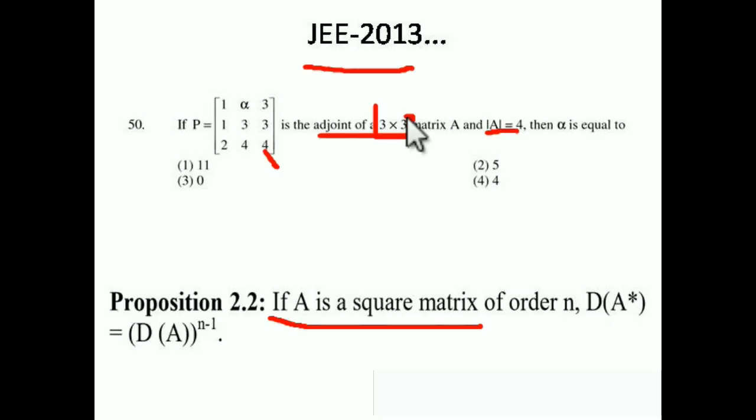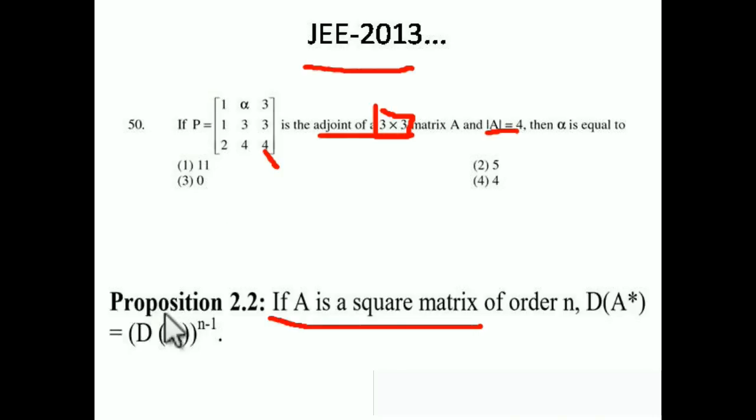So 3 cross 3 is a square matrix. Now if A is a square matrix, then the determinant of A star, that is adjoint of A, is equal to determinant of A whole raised to n minus 1. Now tell me, determinant of adjoint of A, we can find the determinant of this. Yes, it's easy, we know how to find the determinant.